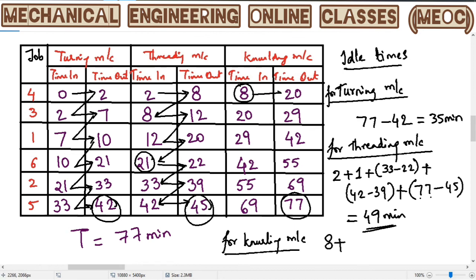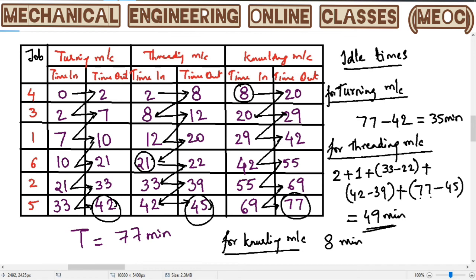From 8 to 20 it was busy, from 20 to 29 it was busy, from 29 to 42 it was busy, from 42 to 55 it's busy, from 55 to 69 it's busy, from 69 to 77 it is busy. So it's clearly the idle time for knurling machine is only 8 minutes.